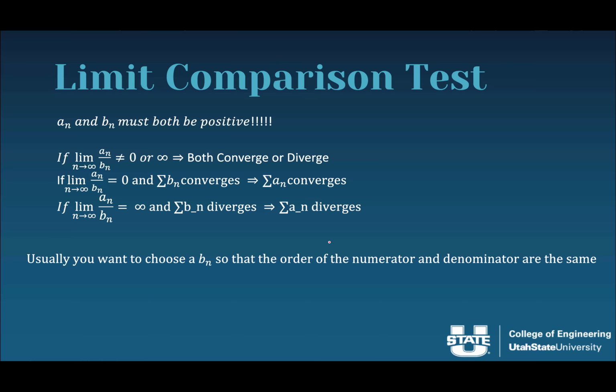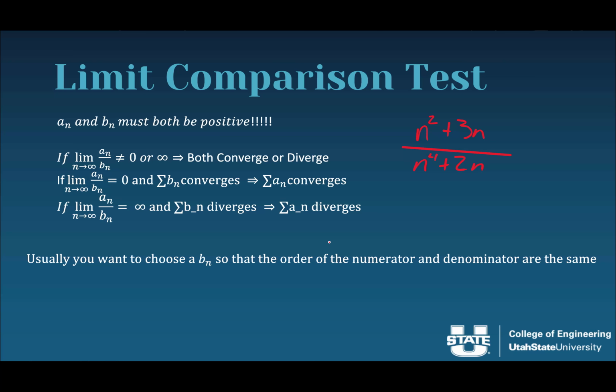Usually the limit comparison test is good for fractions with polynomials, if that makes sense. So anytime you've got this kind of stuff going on, that usually means it's going to be a good limit comparison test example, okay?